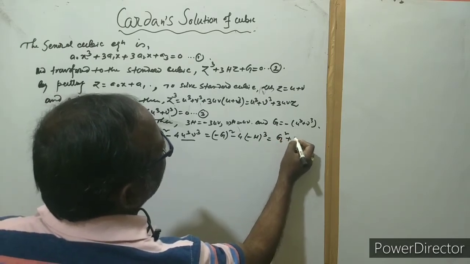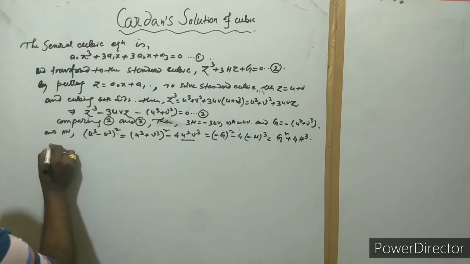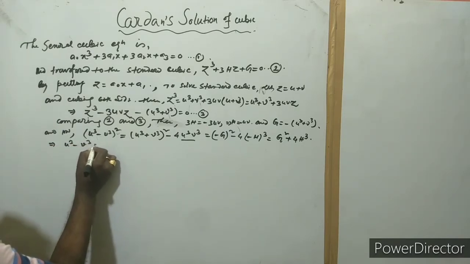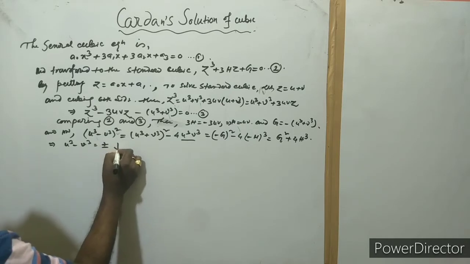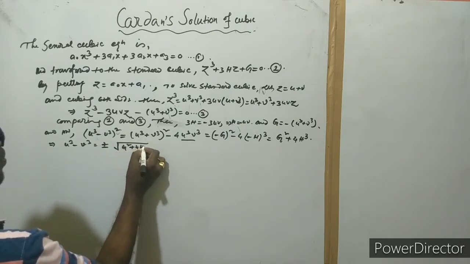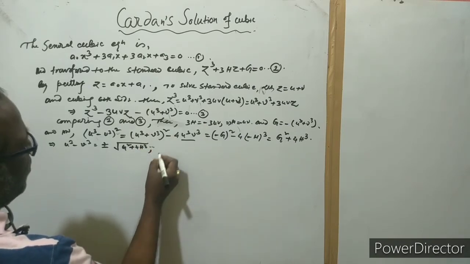This is g square plus 4 h cube. This implies that u cube minus v cube is equal to plus or minus root over g square plus 4 h cube. This is number 4.